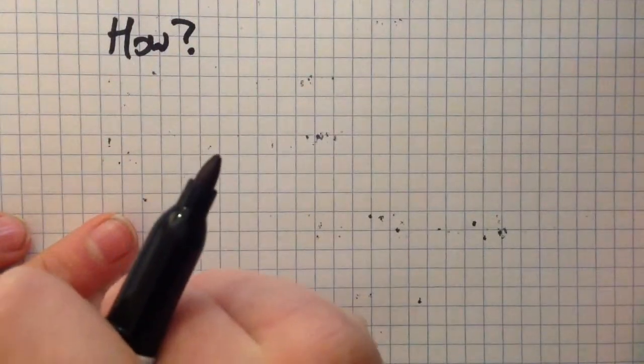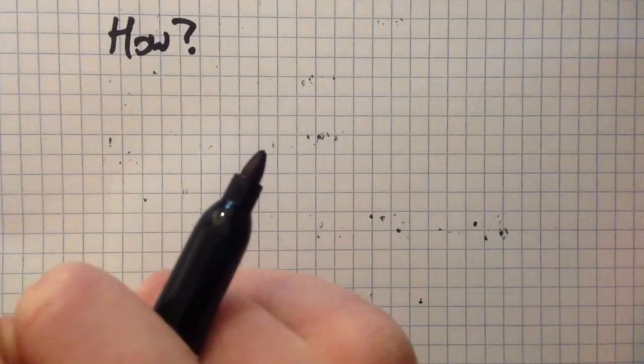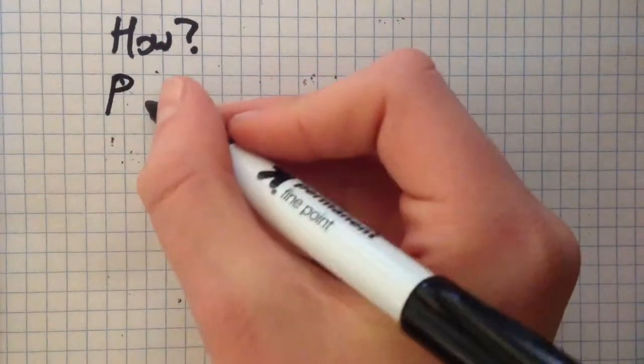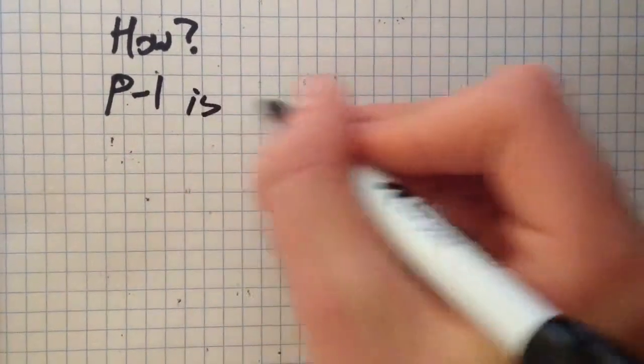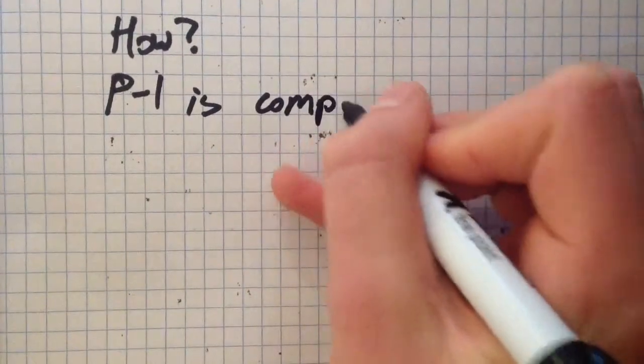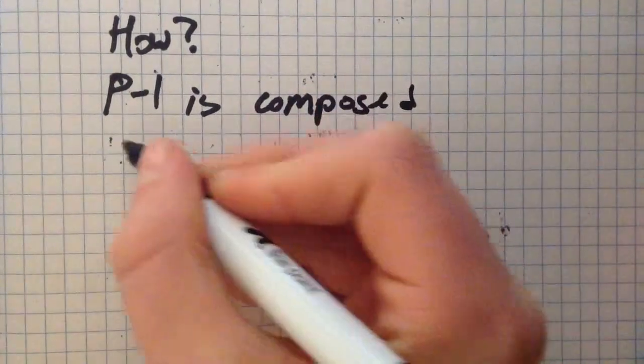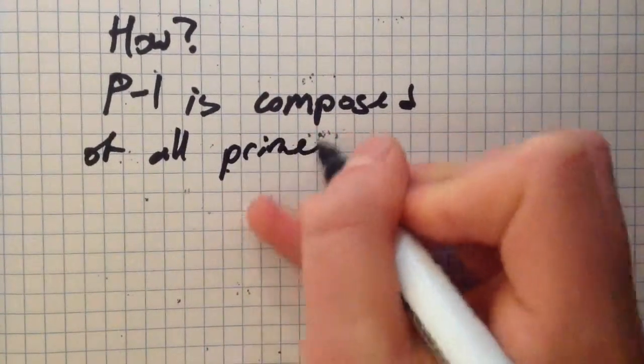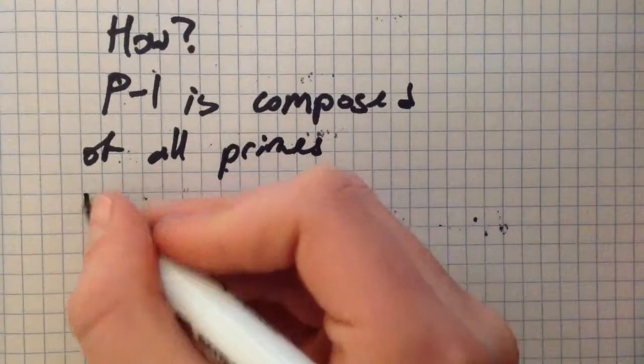So how does this work? First we have to understand that every prime goes into capital P minus 1, assuming that there's a finite number of primes.